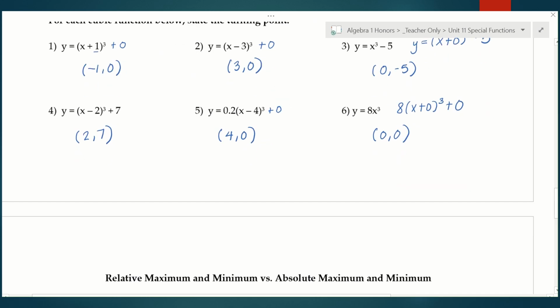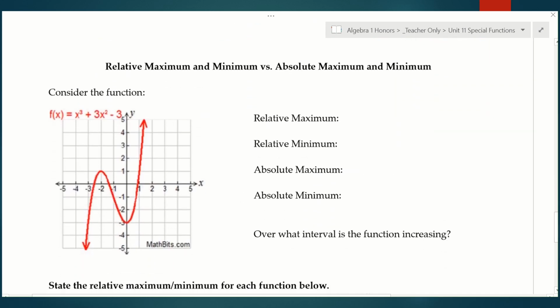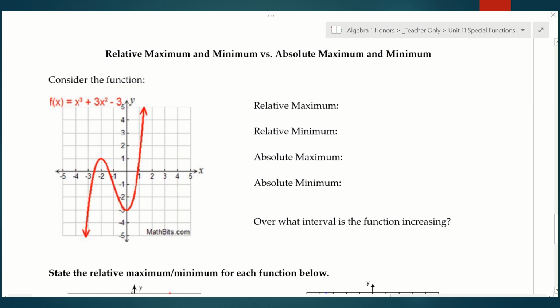All right, so the last thing we're going to talk about with cubic functions is the relative maximum and minimum versus the absolute maximum and minimum. Okay, so we talked a little bit about this when we first talked about key features of functions, and I explained to you that the absolute minimum and maximum mean what is the absolute highest or lowest your graph goes, where the relative maximum and minimum you can think about almost as turning points.